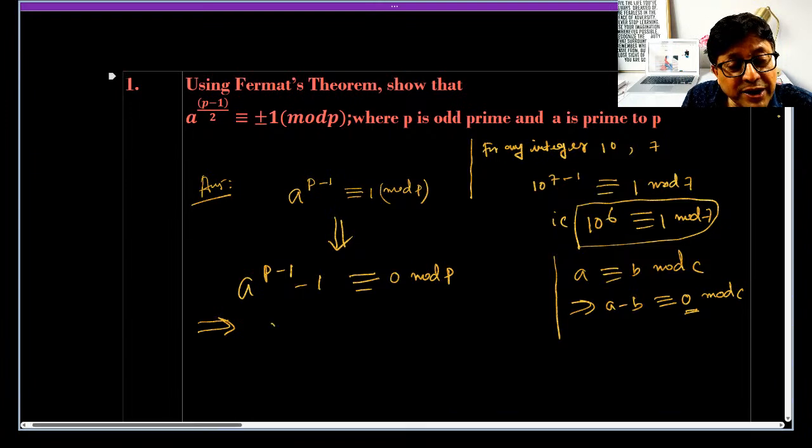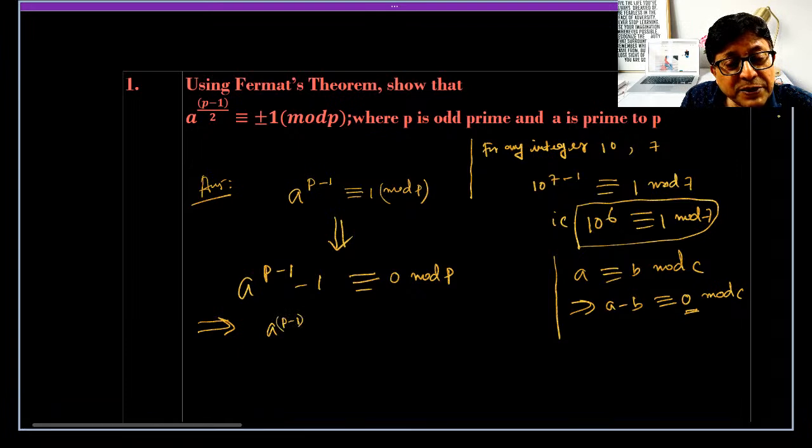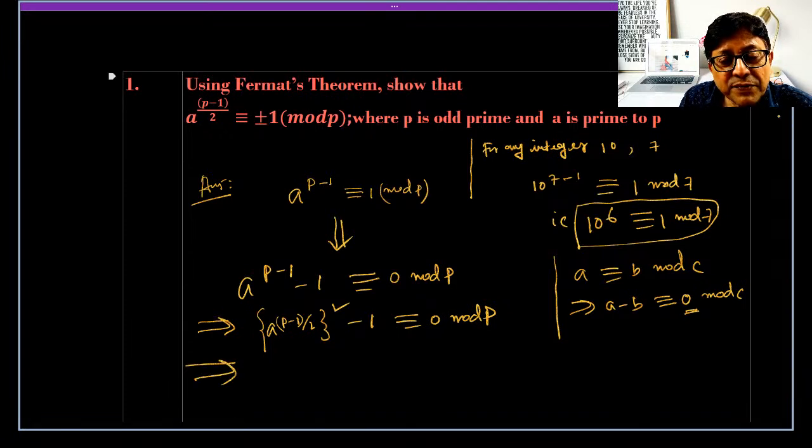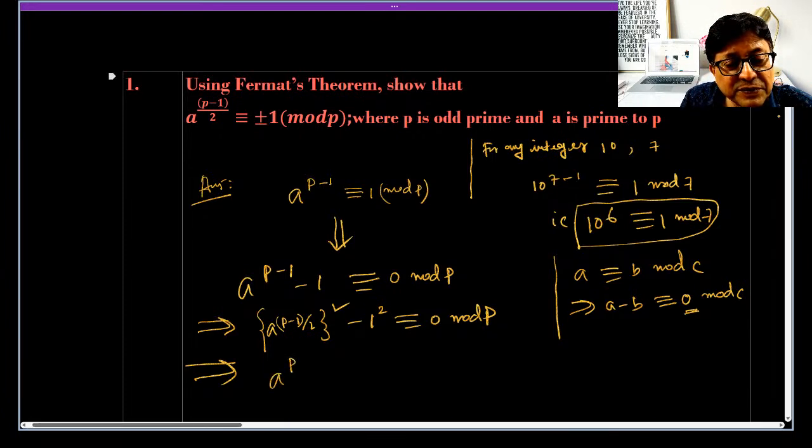So this you factorize. You can write this as a to the power (p minus 1)/2 whole squared, minus 1, congruent with 0 mod p. So you go by this factorization: a square minus b square is a plus b times a minus b.